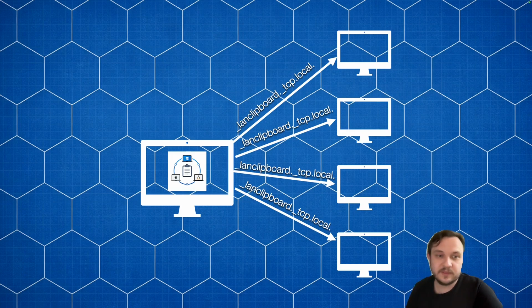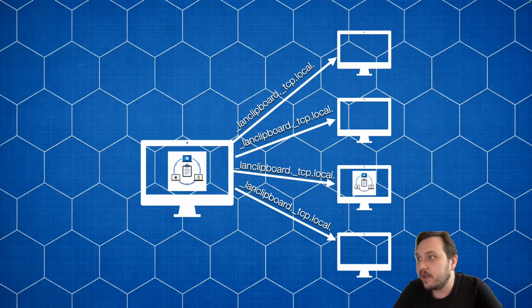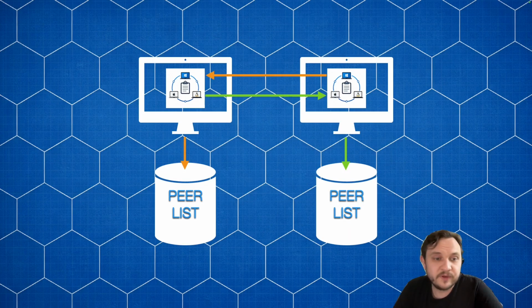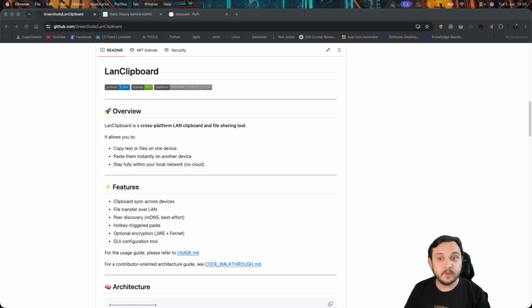If you're interested, let's connect. If we have another instance of the Lan ClipBoard running on the same network, they can initiate the handshake. And if the handshake is successful, then we store the respective IP addresses in the peer list.